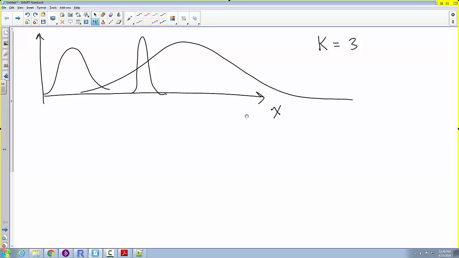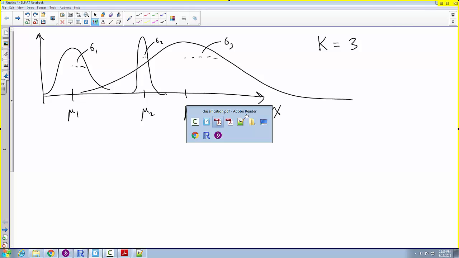They're distinguished by their means and by their standard deviations. But then the shape of the distribution is normal.